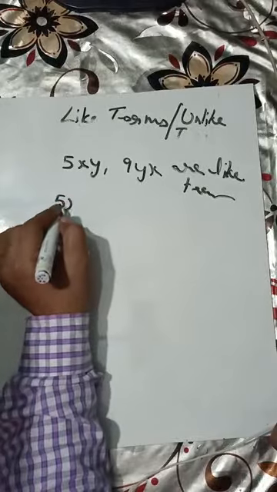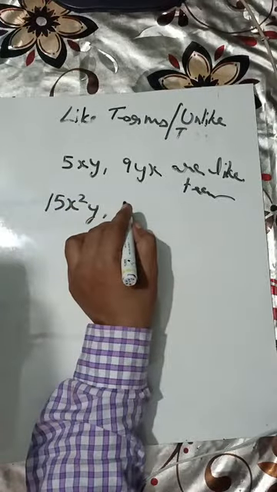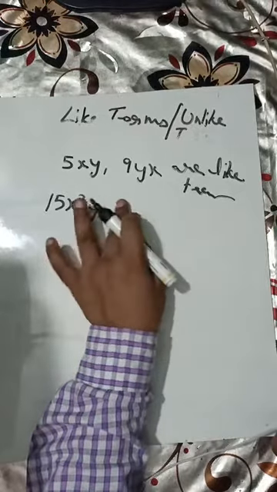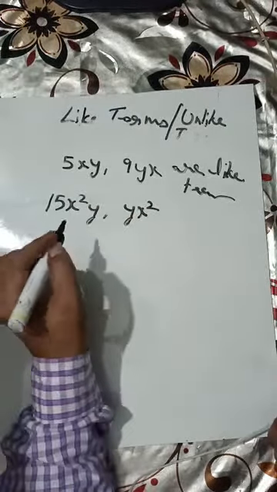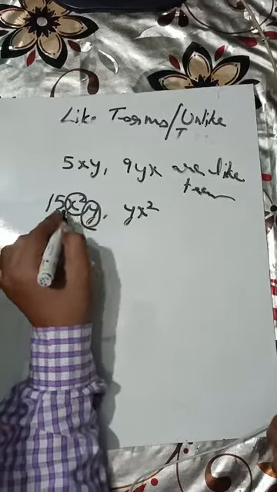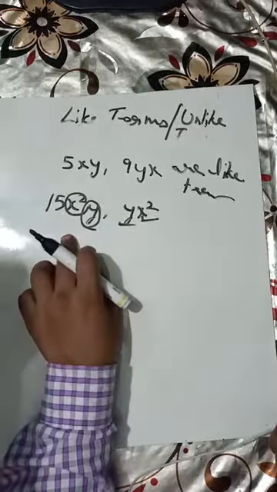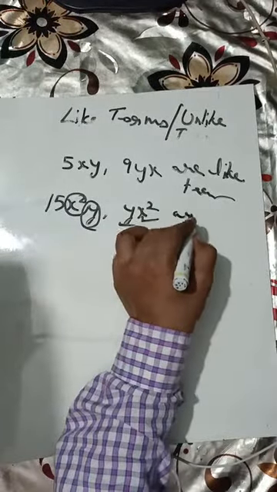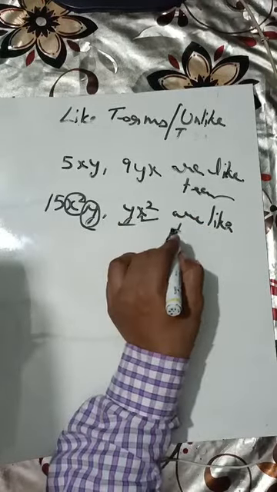And if it is like 15x square y and 10, you can simply write yx square. Look at this variable part. Variable part is x square and y. Has he got x square? Yes. Has he got y? Yes. So the variable parts are same, so this is also a like term.